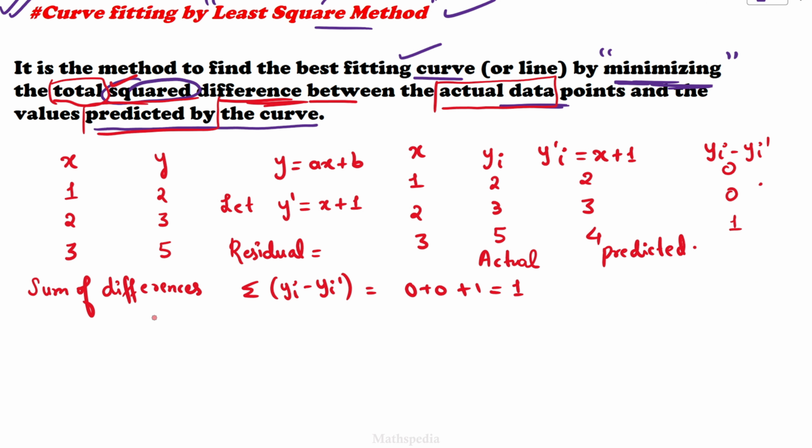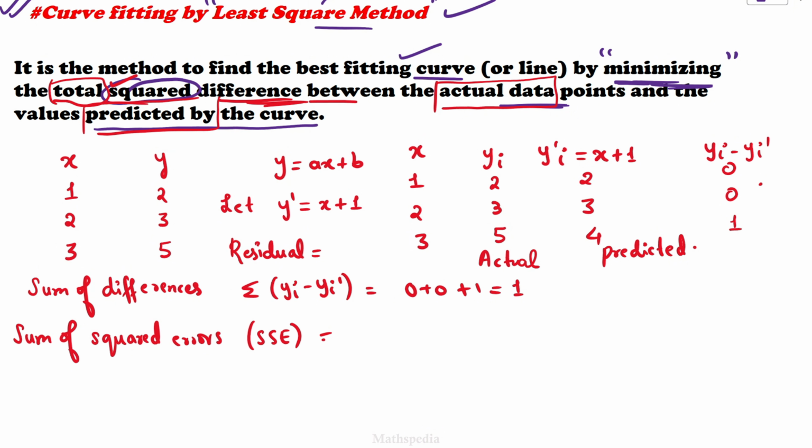As we got the sum of differences, I'm going to square it, because there is the word squared. So I'm going to square this particular thing, the sum of squared errors. Basically we can call it SSE.